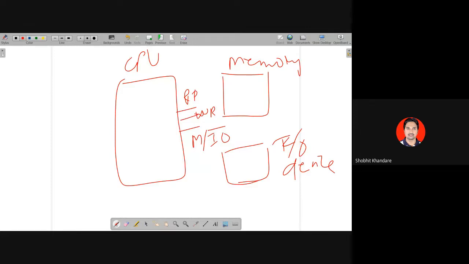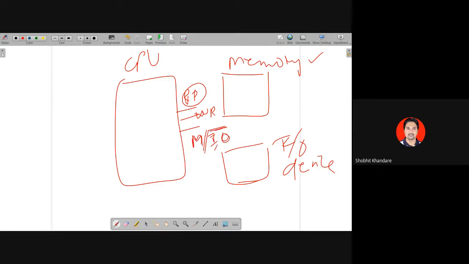Now I will take an example. See here, all of you. Suppose I want to read the memory: RD bar will be high and I am accessing the memory. That is why this pin will be high, only because, can you see here, it is M/IO bar.